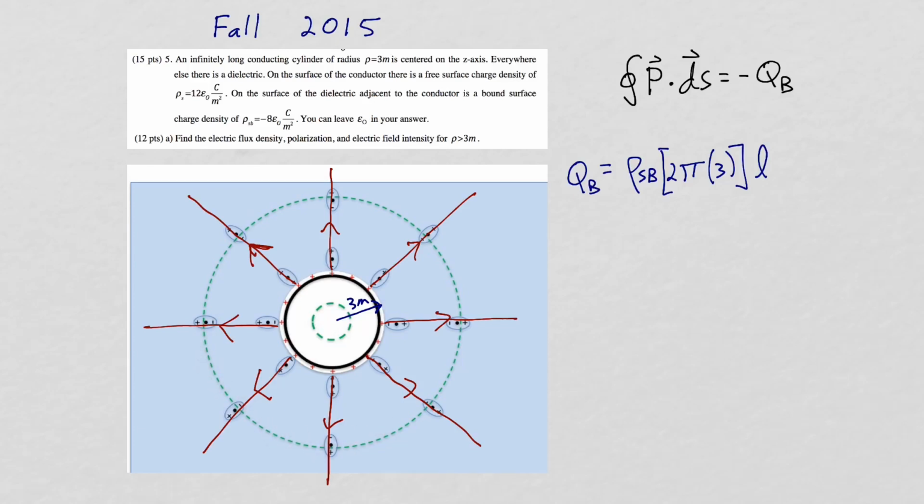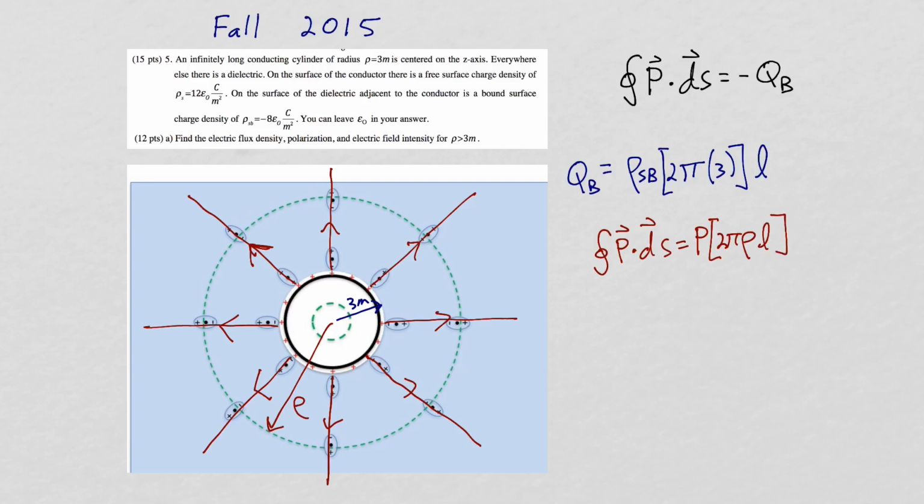So the integral of P dot ds is going to equal the magnitude of the polarization on that outer wall times the area of that outer wall, which is 2 pi rho. So that is rho there, times L.